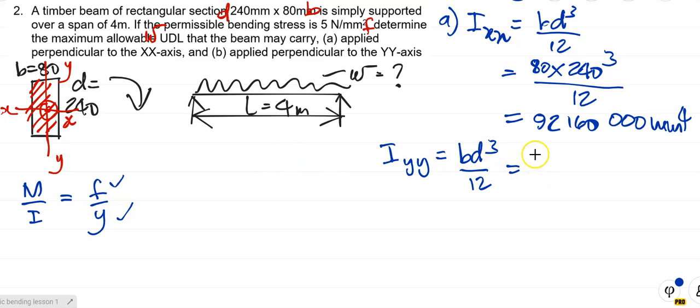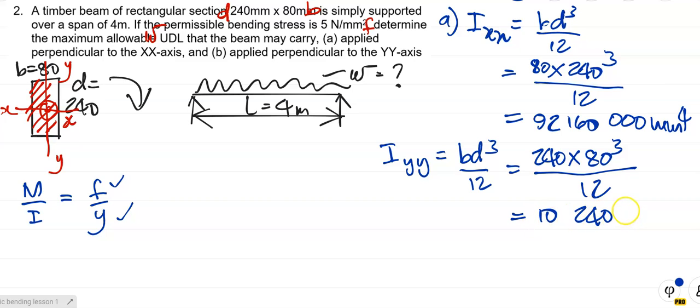So B is now 240 and D is now 80 cubed over 12. Check your answer against mine. I get that to be 10 to 40 naught millimeters to the fourth. So I've worked out IXX for number A and IYY for number B.